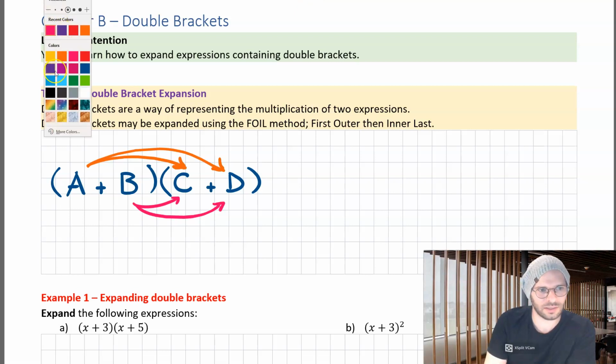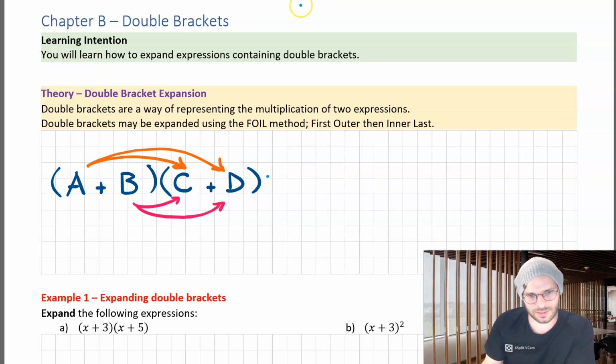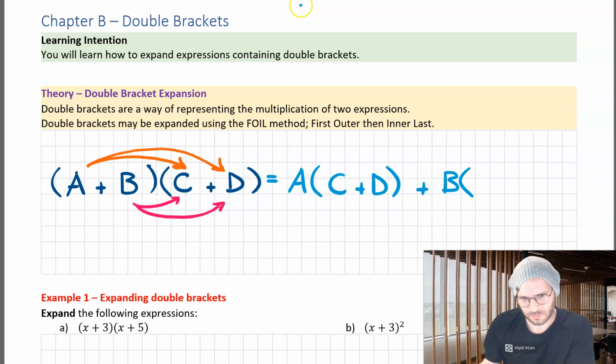Now, this can be expanded using the intermediate step, where it's going to be a multiplied with c plus d, plus b multiplied with c plus d. So what we're able to do is distill this down into a problem of expanding single brackets.